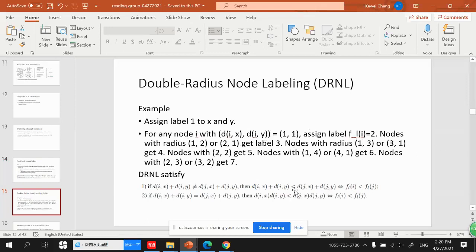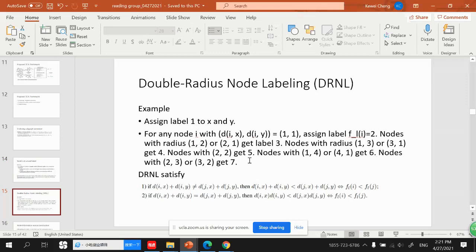And then for the node with radii 1, 2 or 2, 1, it will get label 3. And then for the node with the radii 1, 3 or 3, 1, it will get 4. And then the nodes with 2 and 2 will get 5. And then the node with 1, 4 or 4, 1 will get 6.